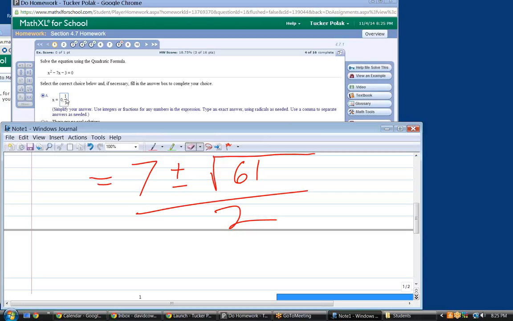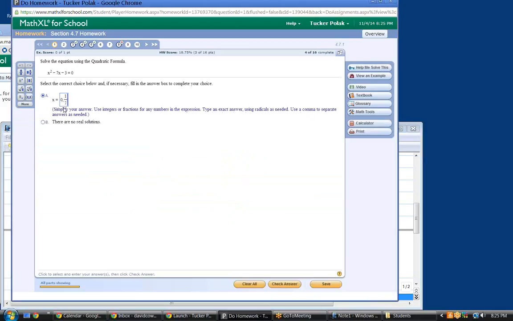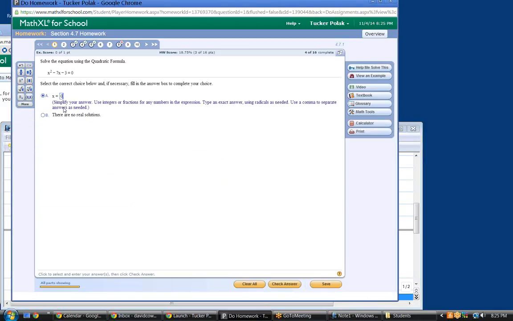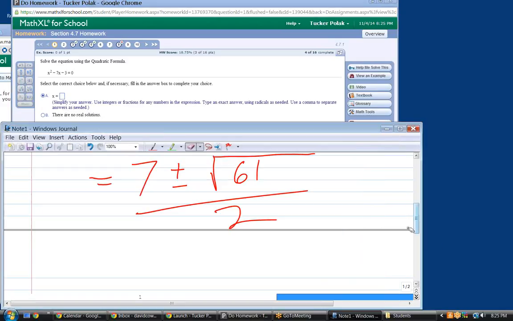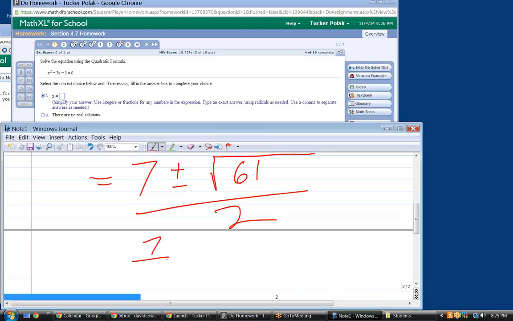Now, what it's going to accept here is anybody's guess. So let's see. What should we put? The best answer is really to break these up into two fractions, and I get 7 halves plus root 61 over 2.